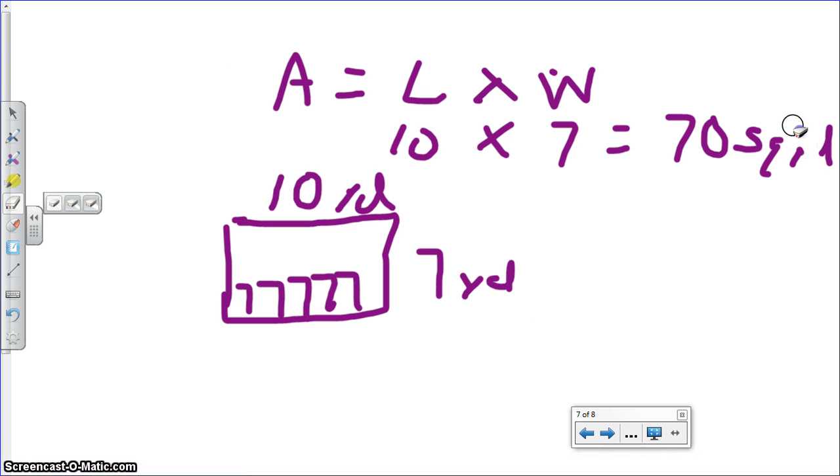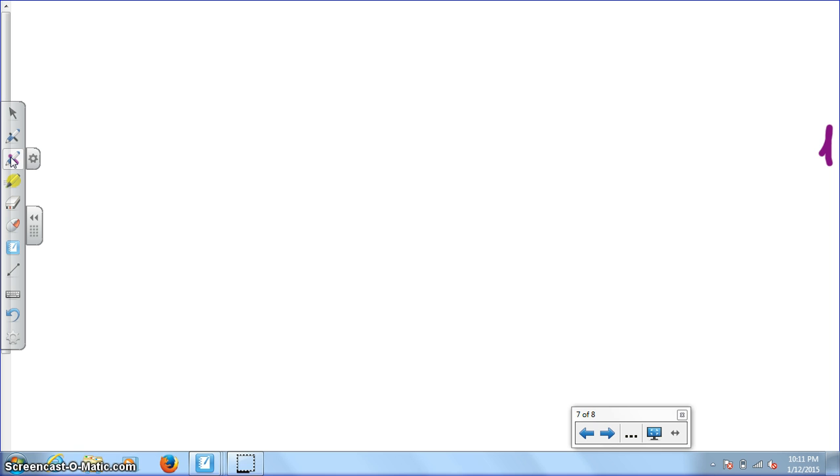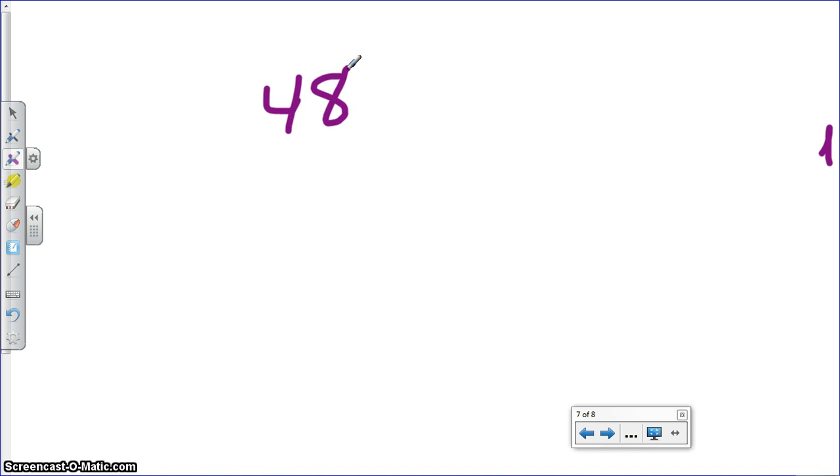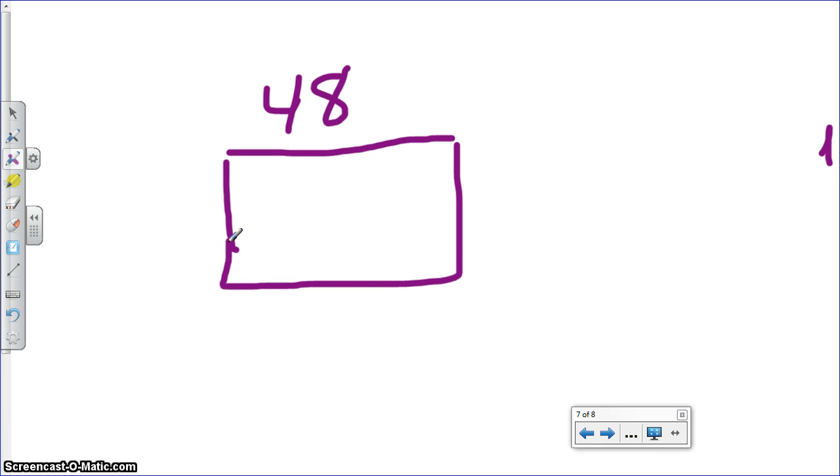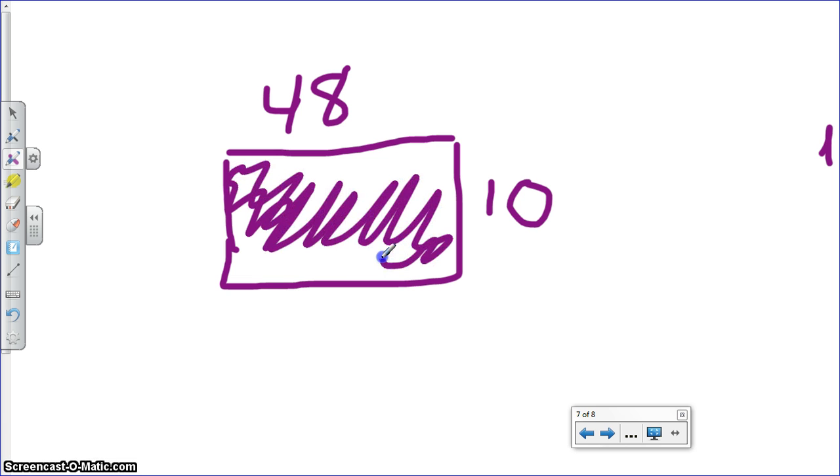Another example could be like your desk. Let's just say we're measuring square inches. So let's just say, I don't know, maybe it's 48 inches long. Okay? And let's say it was 10 inches wide, okay? And that's the surface of your desk, and you'll wonder, what's the area? What is the whole surface of my desk? What is that covering?